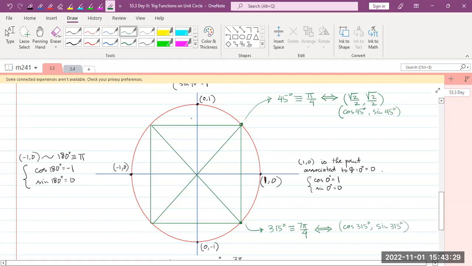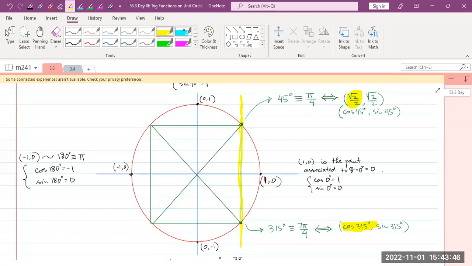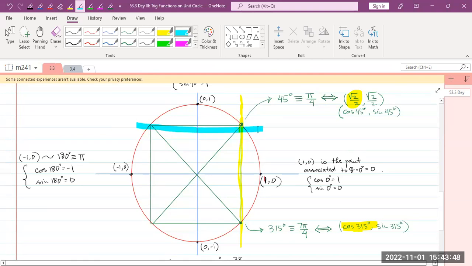Now, take a look. What should the coordinate here be if it has the same x here, right? The same x. So radical 2 over 2 must be equal to cosine 315, yet the y component must be opposite to the y component of 45 degrees, sine 45 degrees.